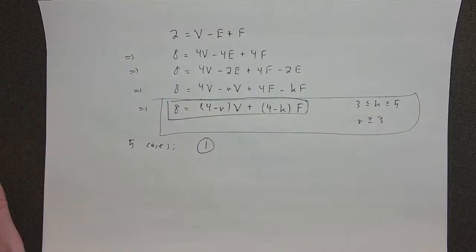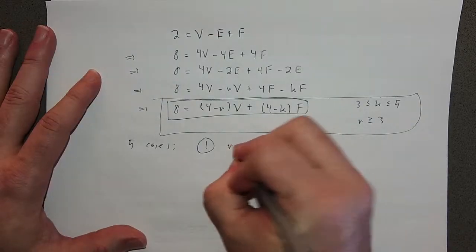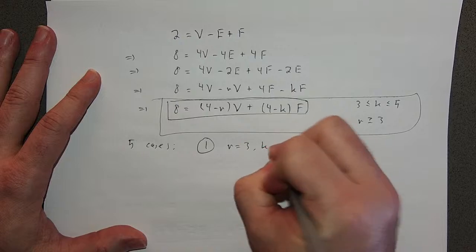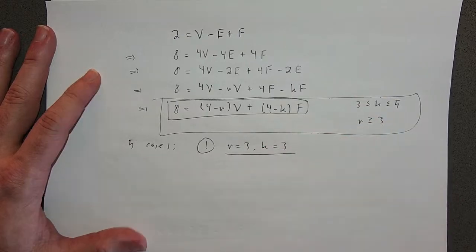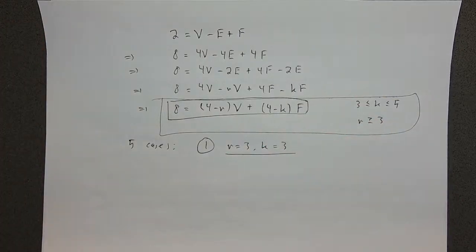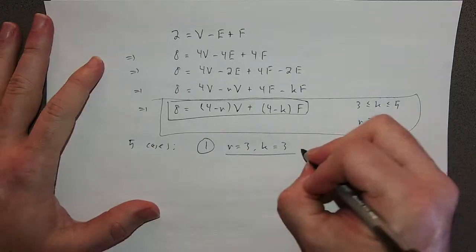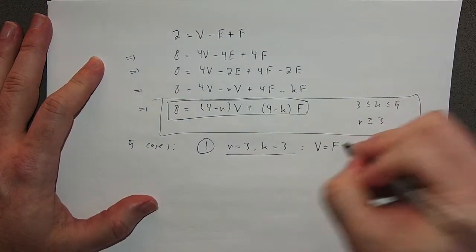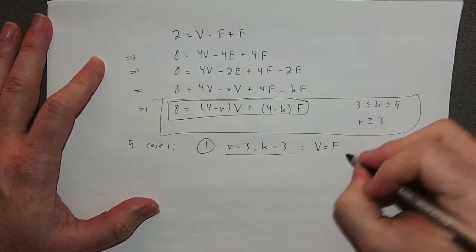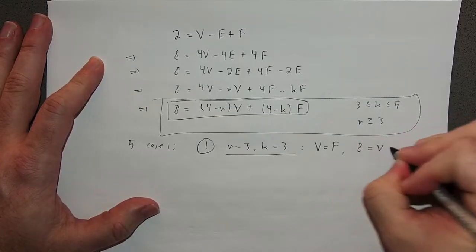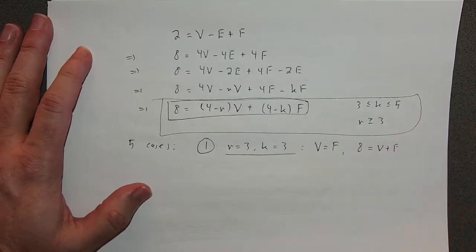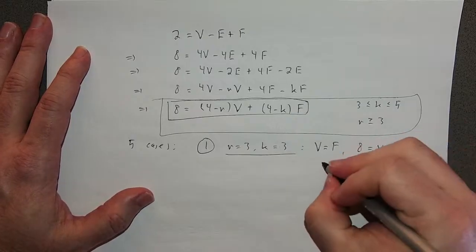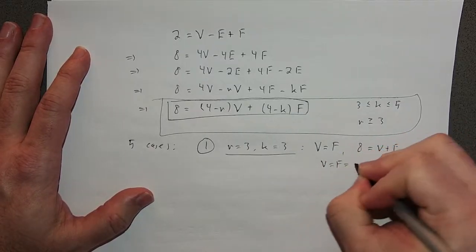Case 1. What if r is equal to 3 and k is equal to 3? In this case, v is equal to f, so the number of vertices is equal to the number of faces. 8 is equal to v plus f, and v and f are both 4.